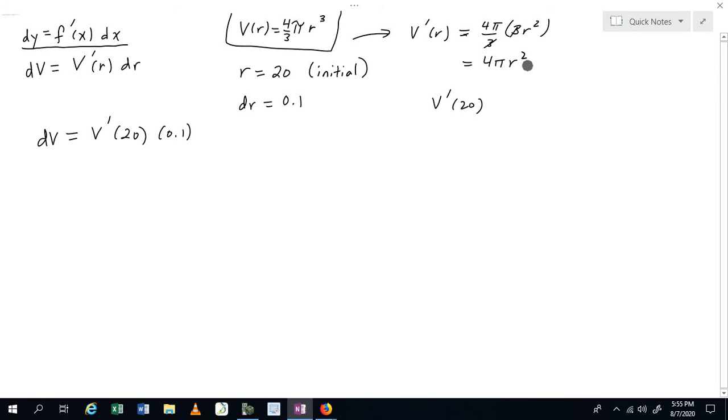You just plug a 20 into here, and so you get 4 pi times 20 squared. And then 20 squared is just 400. If you multiply 4 by 400, of course, you get 1600. So it's just 1600 pi.